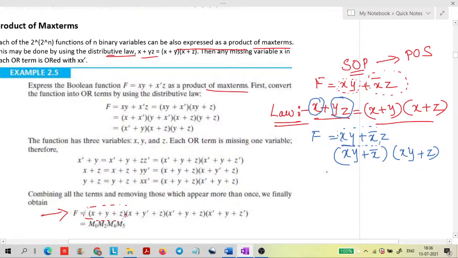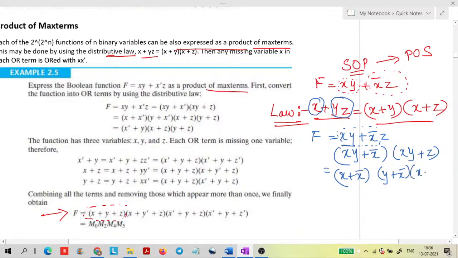So now here again this xy plus x bar, we can write like (x plus x bar) into (y plus x bar).